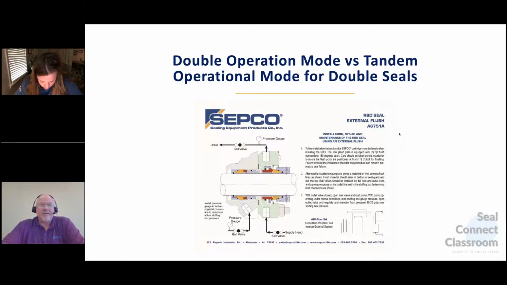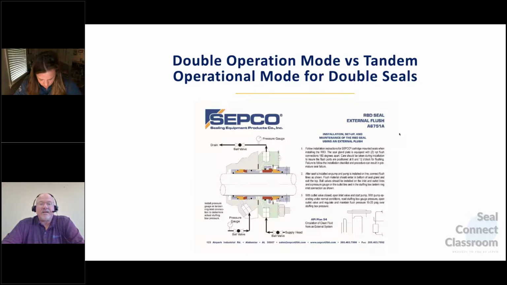But if they steam it and run that pump, you have got to have enough barrier fluid pressure in between those two seals to overcome that steam pressure. Because if you don't, the inboard seal will fail because it ends up on steam, because higher pressure goes to lower pressure. So the inboard seal will end up on steam. You'll end up with premature seal failure. So be very careful about that.